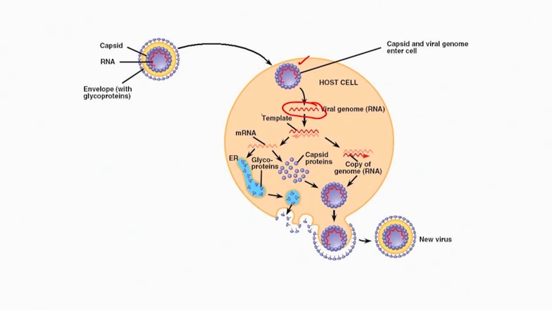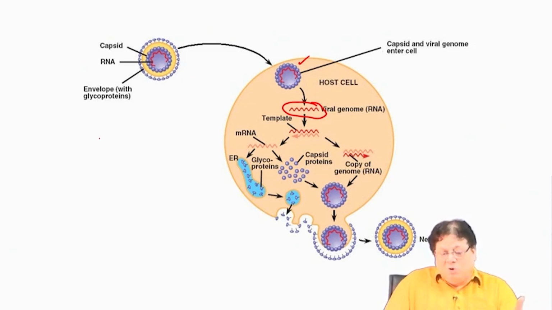Now, usually you know that the central dogma of biology is that information always flows from DNA to RNA to protein. After the discovery of the RNA virus and the retrovirus, that notion, the central dogma, becomes ineffective here.